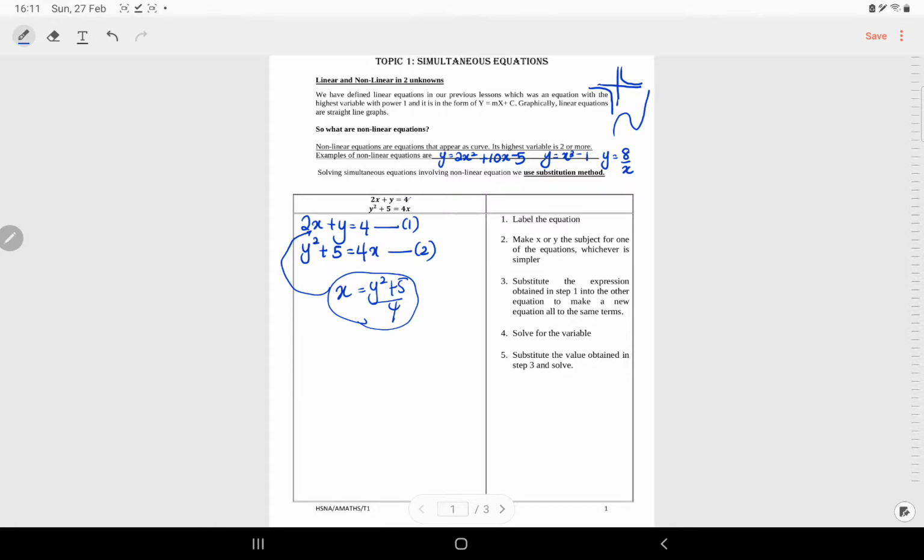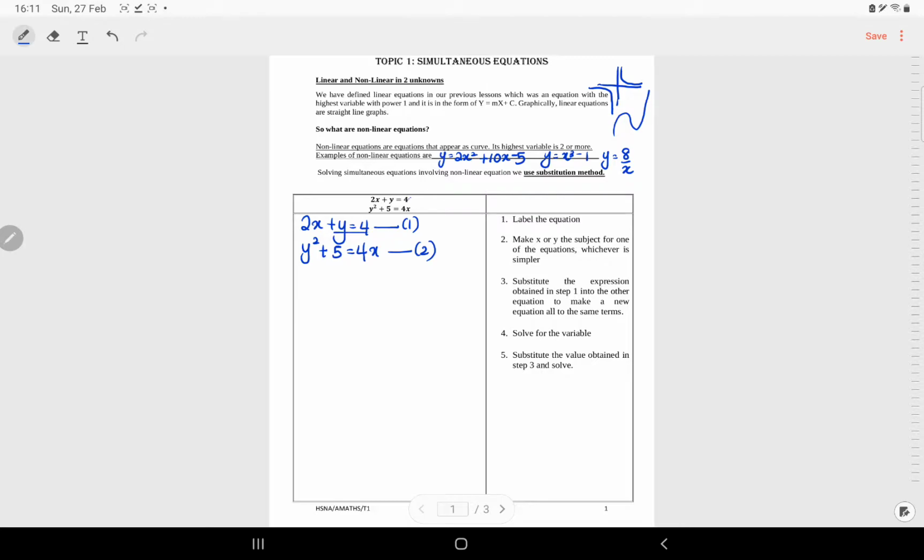But I will first try to avoid fractions where it is possible. So instead of taking that, let's see if I make x or y the subject of my linear equation. Notice that in my linear equation, y has a coefficient of 1, so I can make y the subject.